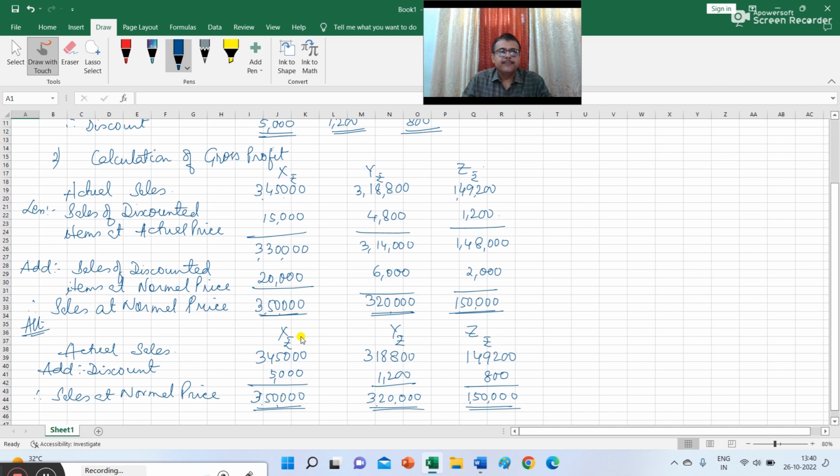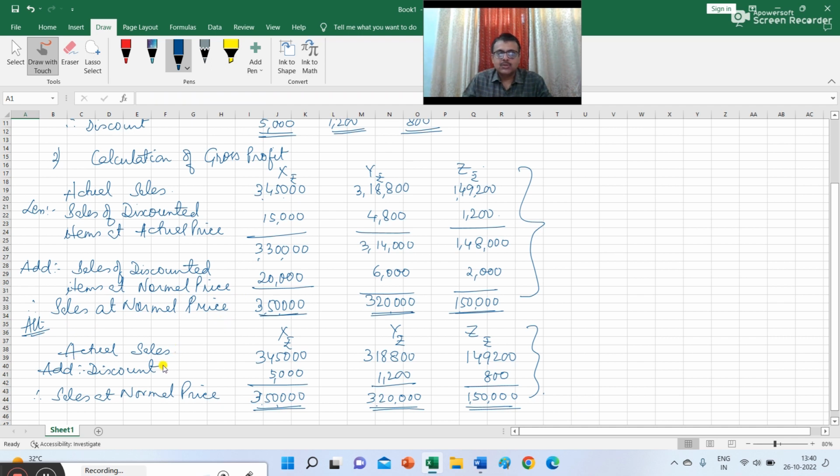So you can see in working note number 2, I have followed two methods for the calculation of sales at normal price. In table 1, we have actual sales less the sale of discounted items at actual price. Then we add the sales of discounted items at normal price to arrive at sales at normal price.